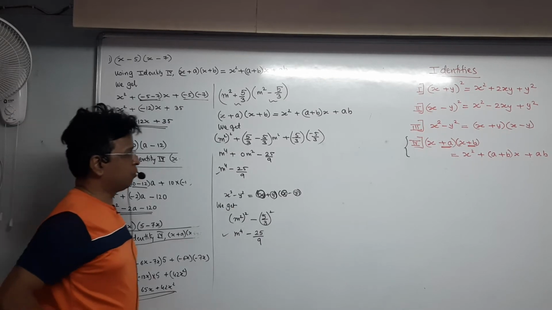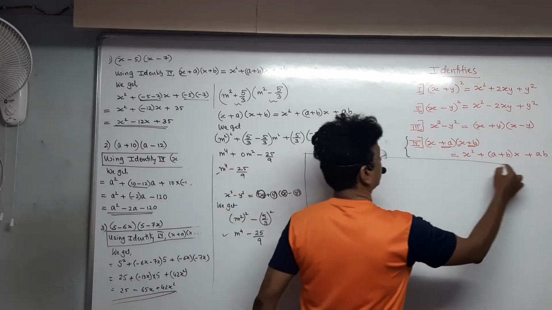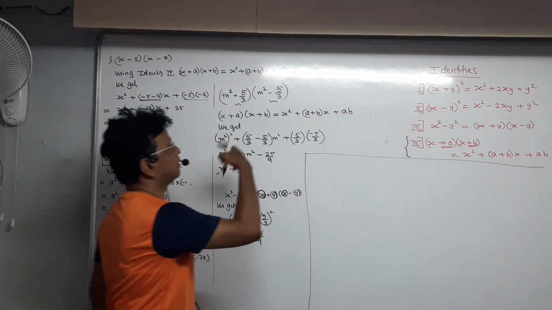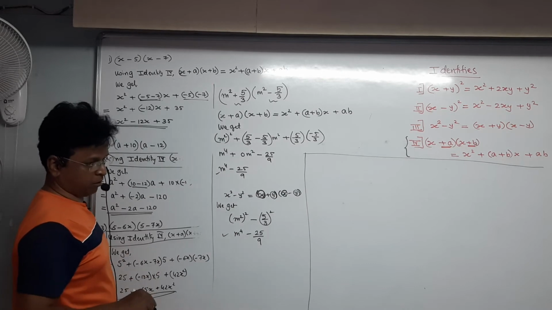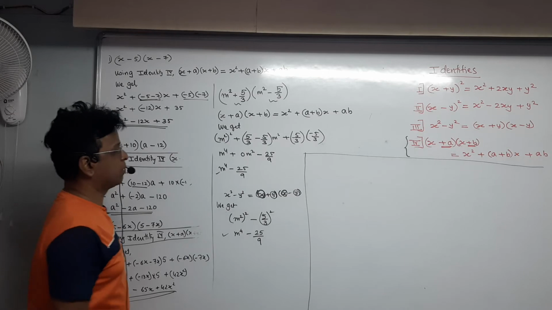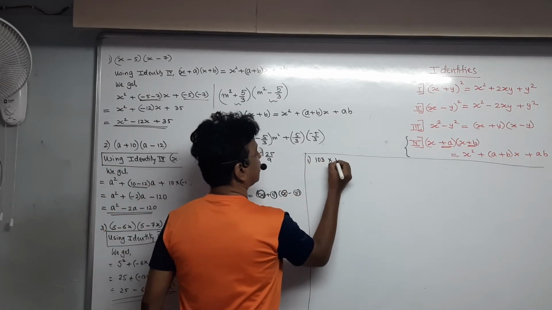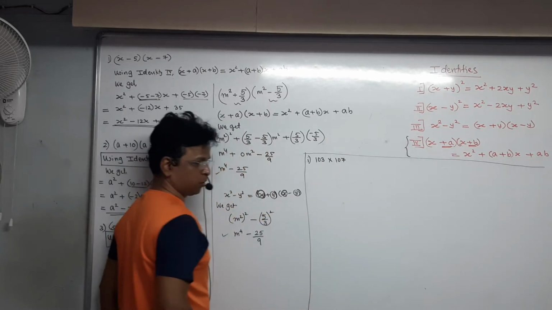Now why are these identities used? Based on this, you will be required to solve some multiplications. Supposing they ask you to find the product of 103 into 107.